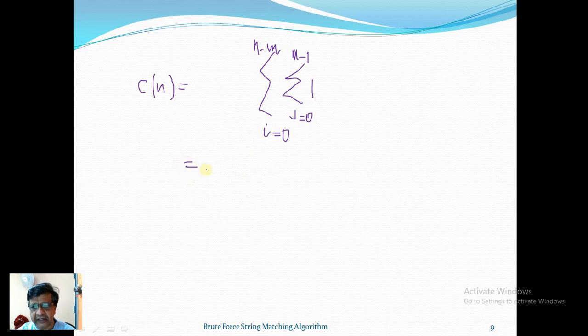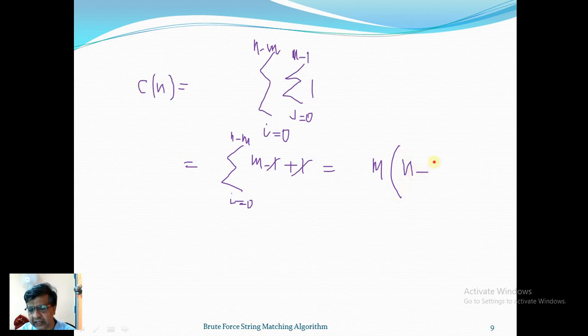So we will expand this as we did earlier. It is m minus 1 minus 0 plus 1, and these cancel, so what we get is only m, repeated from i equal to 0 to n minus m, with the summation symbol applied. Now you take m out, and 1 remains within the sigma, which is once again expanded: n minus m minus 0 plus 1.